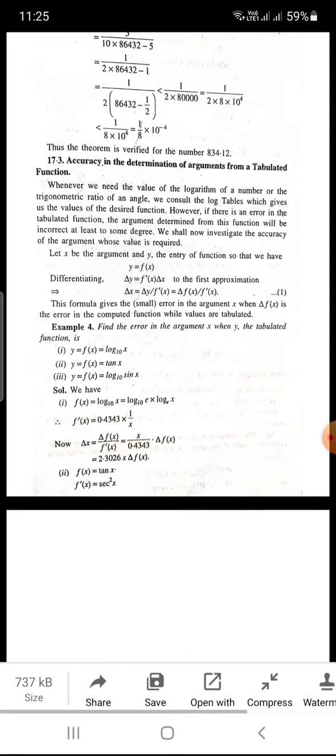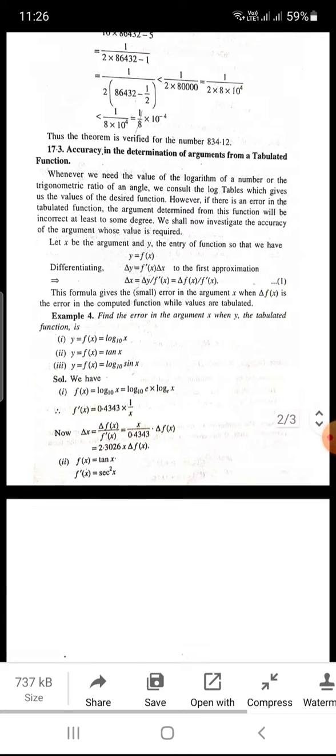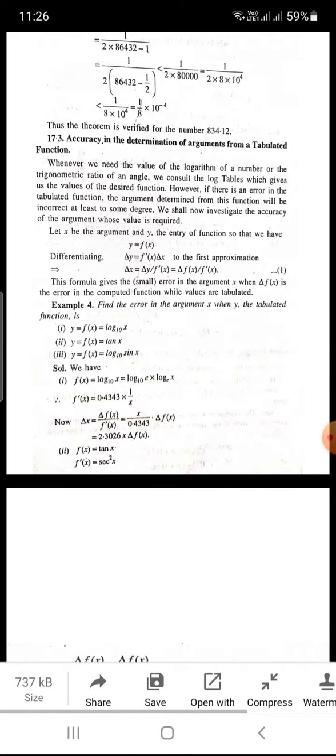So I can say that f dash x will be equal to 0.4343 into 1 upon x. Here delta x is equal to delta f(x) upon f dash x, which is equal to x upon 0.4343 into delta f(x). So this will be equal to 2.3026 into delta f(x).